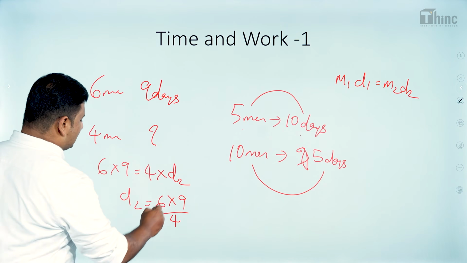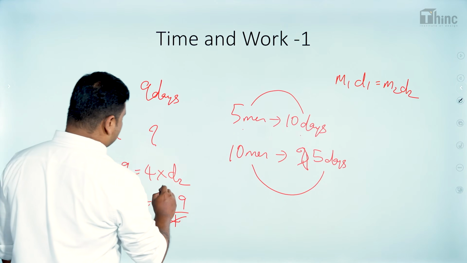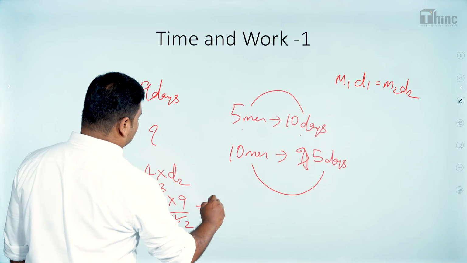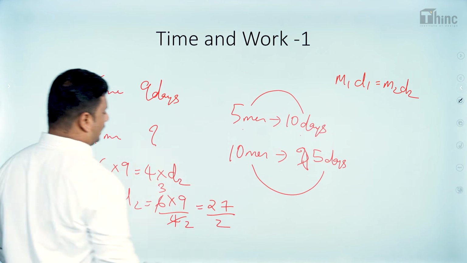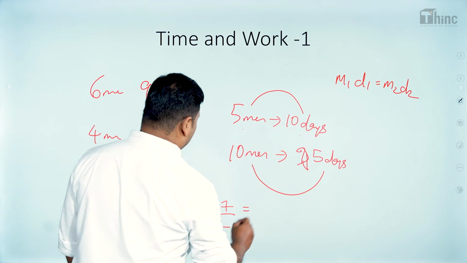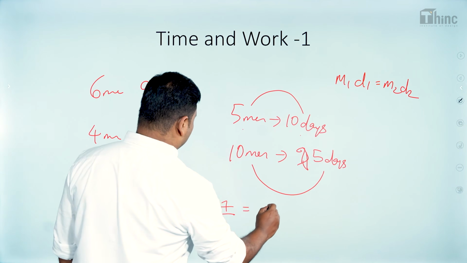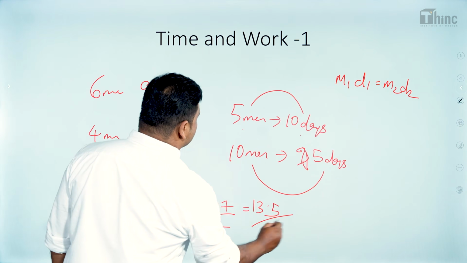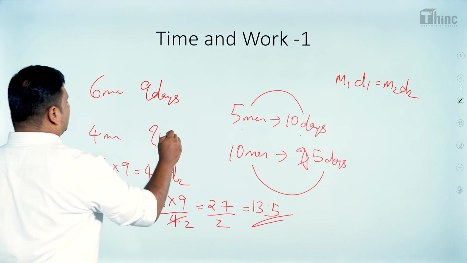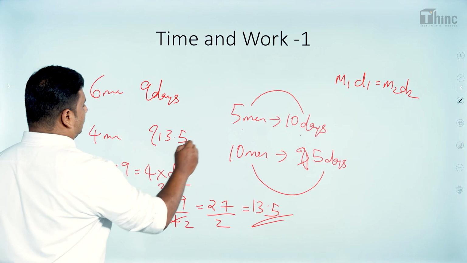We can cancel these two with 2. This is 3, this is 2. So this is nothing but 27 by 2. What is 27 by 2? It's 13.5, right? That means if 6 men took 9 days, 4 men will take 13 and a half days to finish the same work.